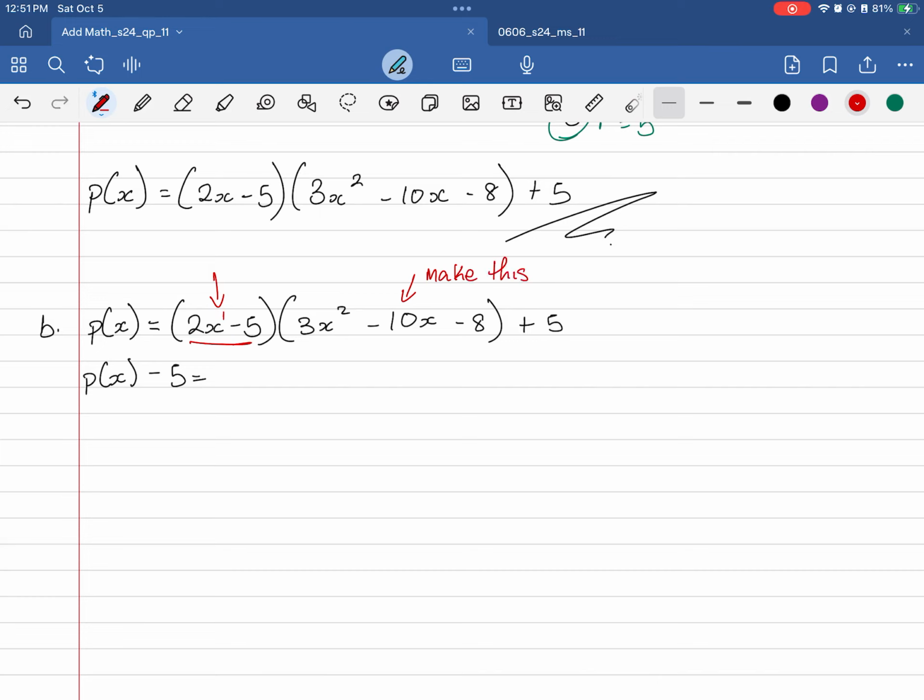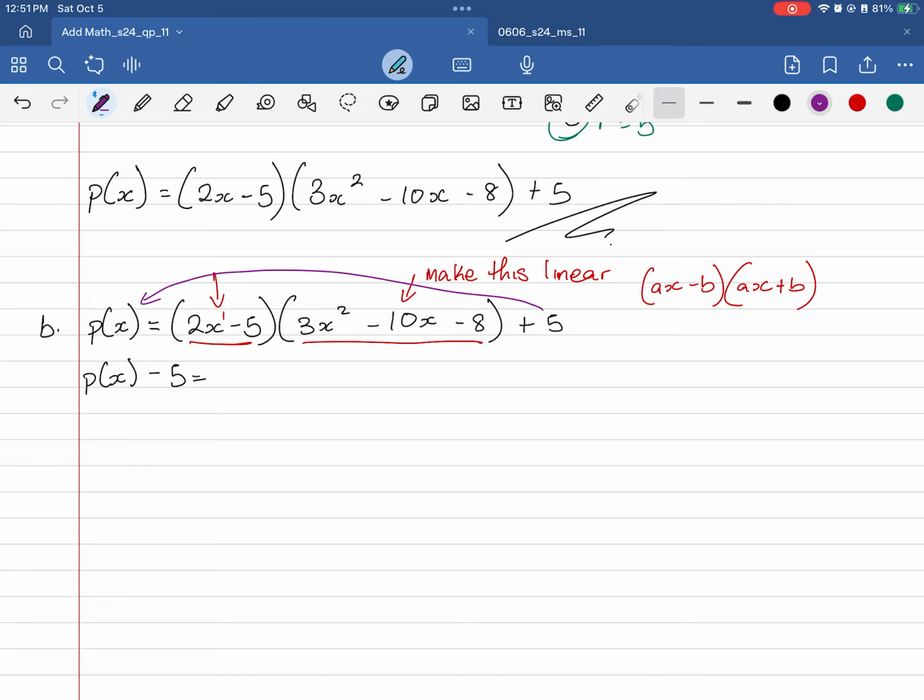And we can do that by dividing, well, when you have something like ax minus b, plus b. That's what we want to make from this 3x squared minus 10x minus 8. So this px minus 5 is basically what they just did, moving this plus 5 to the other side.